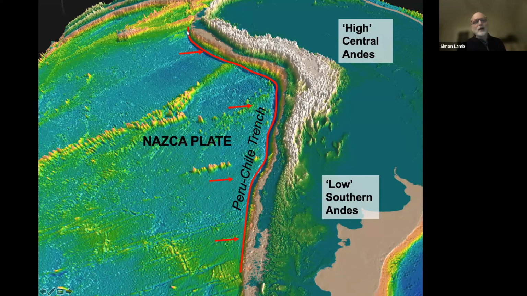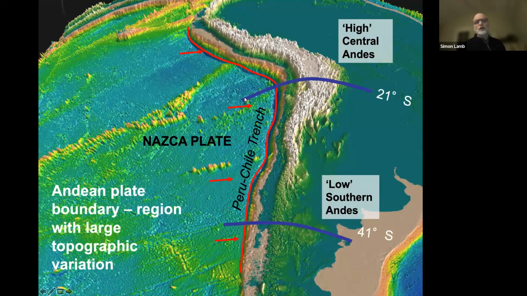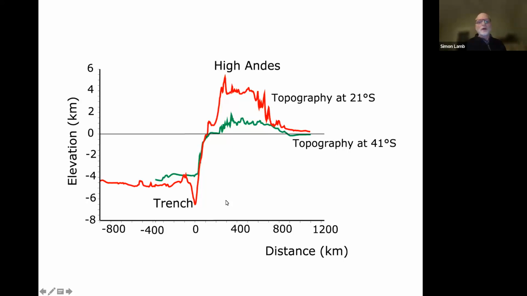But you've got a simple plate system all the way along here with subduction of the Nazca plate beneath the South American plate along the Peru-Chile trench. So just to illustrate that, if I take two profiles, one through the high central Andes and one through the low southern Andes, then you can see that difference in topography.